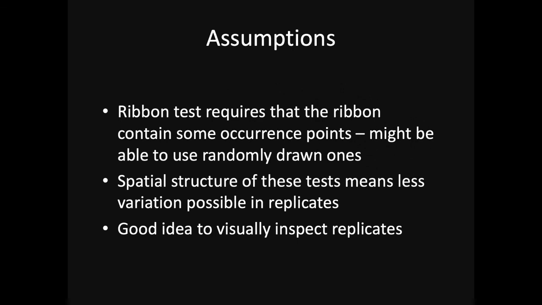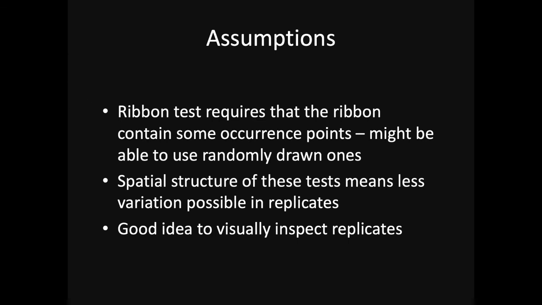If you have a ribbon barrier like that you think might be interesting that your species does not occur in, it is tempting to think you can just randomly sample points from inside that ribbon and just use those. And I think that might be defensible. I'm not sure I've seen it done. Yeah, I'm a little unsure on that one.